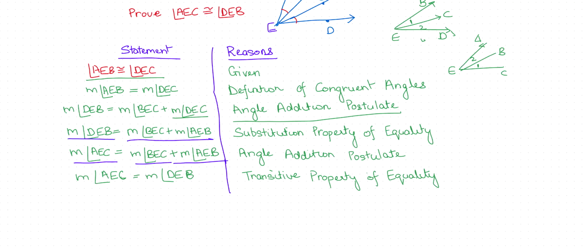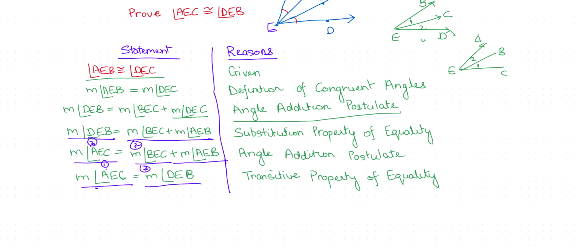So suppose this is 1, this is 2, this is 2, this is 3. So 1 is equal to 2 and 2 is equal to 3. It means 1 is equal to 3. So measure of angle AEC is equal to measure of angle DEB using transitive property of equality.